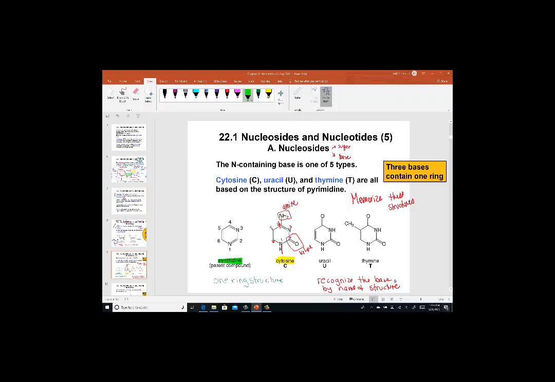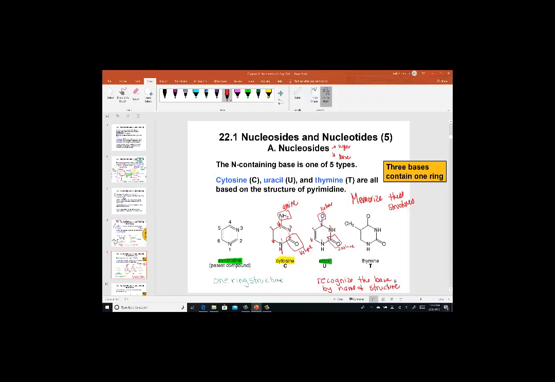Let's examine uracil. Uracil is also a derivative of pyrimidine. Let's number 1, 2, 3, 4, 5, 6. You have a 6-membered ring. At carbon number 4, you now have a ketone as well as at carbon number 2.